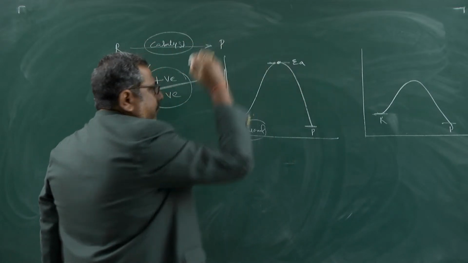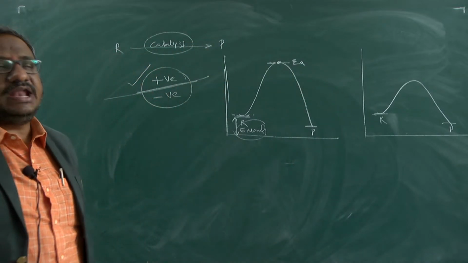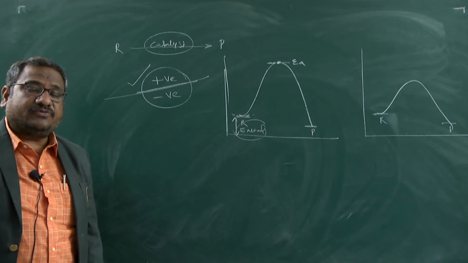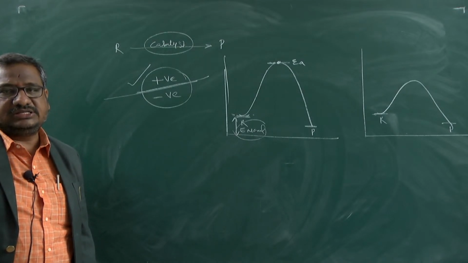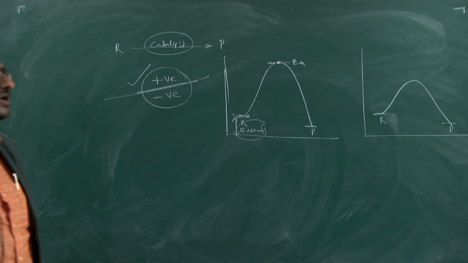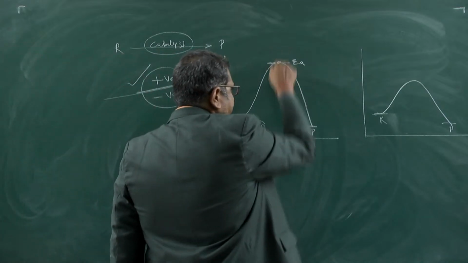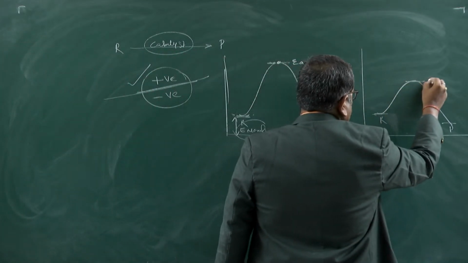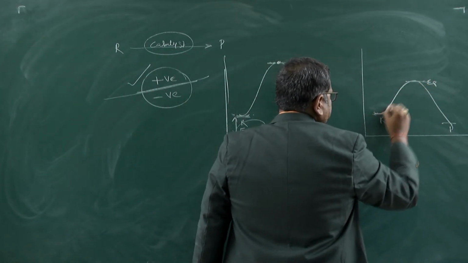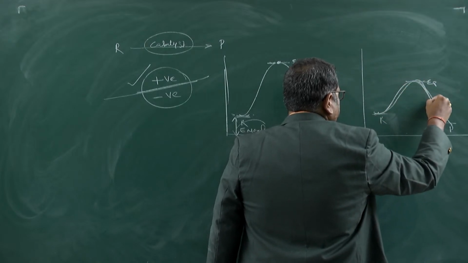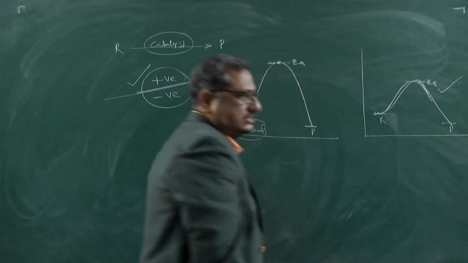This is the actual point. If you add positive catalyst, what happens? The activation energy barrier will decrease. When the activation energy barrier decreases, automatically the rate of reaction is enhanced.